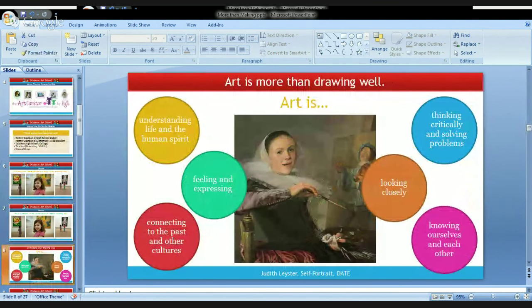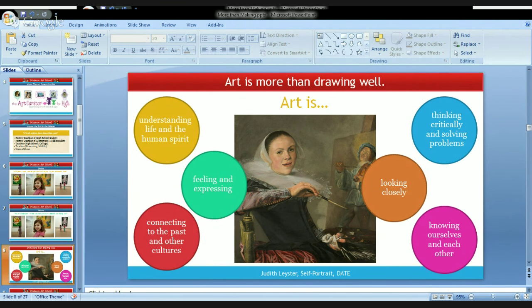It is understanding life and the human spirit, feeling emotion and expressing emotion, connecting to the past, connecting to other cultures, connecting to other people, thinking critically, looking closely, knowing yourself and knowing others. These are all just really important aspects of art that we might not just think about in our day-to-day life when we are introducing art to our kids.